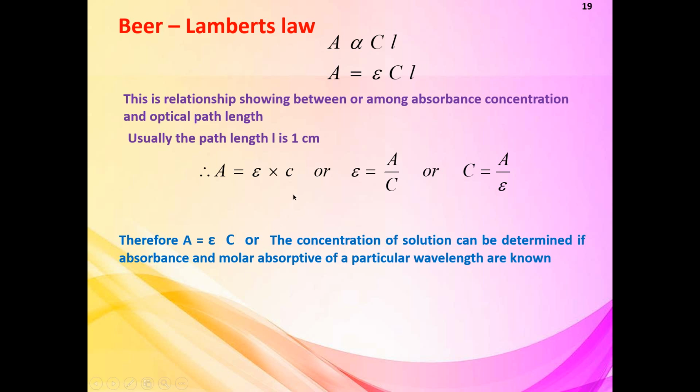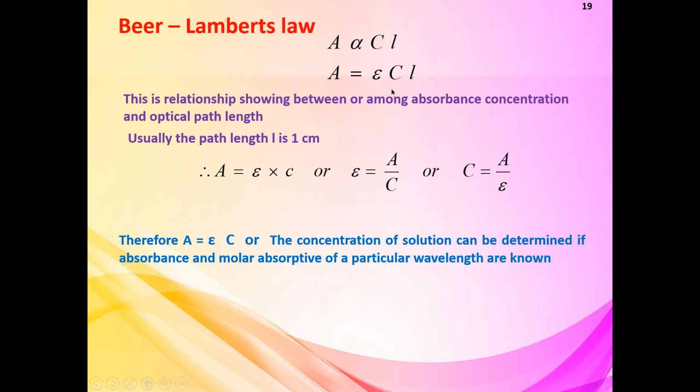And the theory behind this spectroscopy is Beer-Lambert's law. This law you have already studied in photochemistry in the lower classes. It says that absorbance is directly proportional to concentration and path length, or absorbance is equal to epsilon C L, where epsilon is the molar extinction coefficient, C is the concentration in moles per dm cube and L is the thickness of the medium.